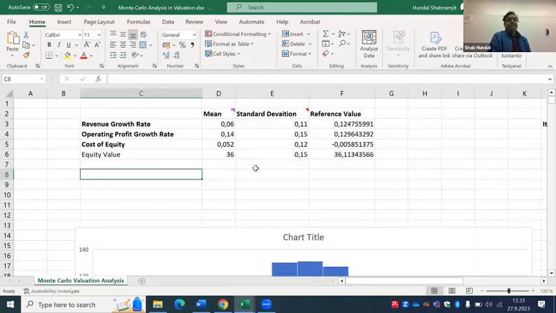And the equity price that we checked was 36 something approximately. What we measured was 36 euros, the price of the share. I assume that the standard deviation has been 11%, 15%, 12%, and 15% here.